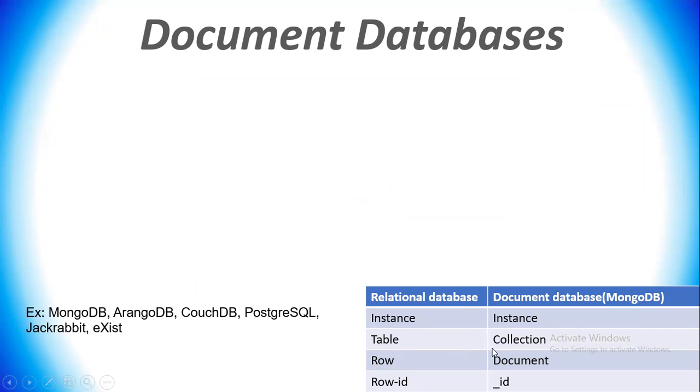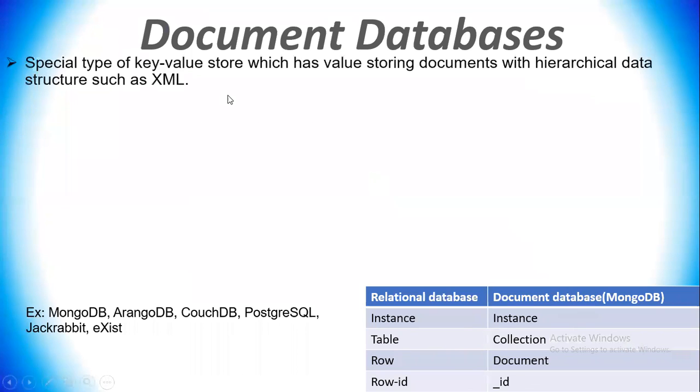Table is now known as collection. Row is known as document. Row ID is simply the ID. So remember that a table is known as a collection here, and a row is known as a document. In key value pairs, it was just a key value pair. Here you have a special name for a row, known as document.